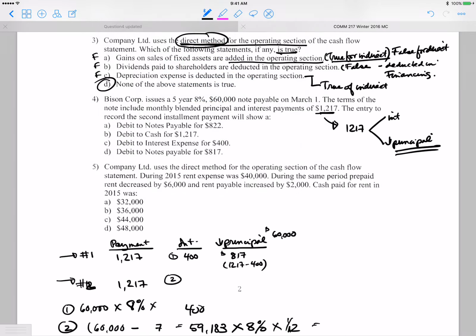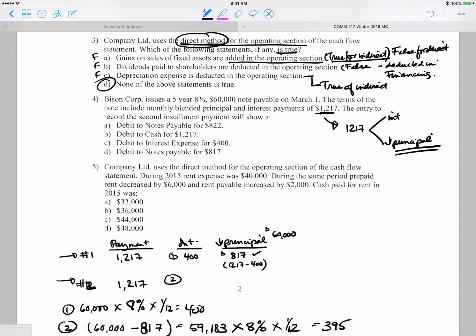8% times 1/12 is equal to 400. And number 2 here, interest for the second month, so I'm taking my reduced principal amount, which is right here, and I'm multiplying that by 8% times 1/12, and that's going to give me $395.